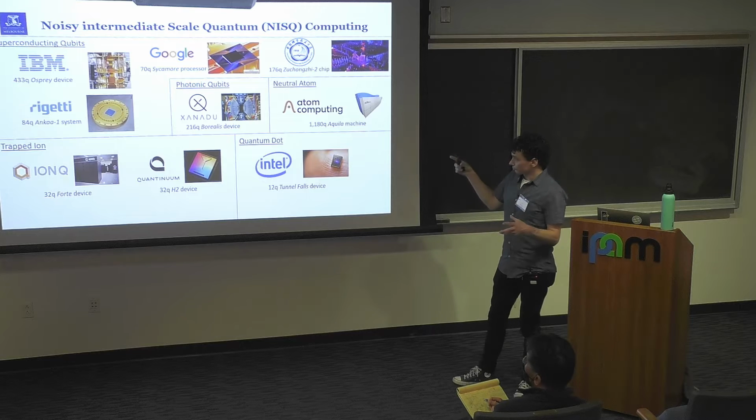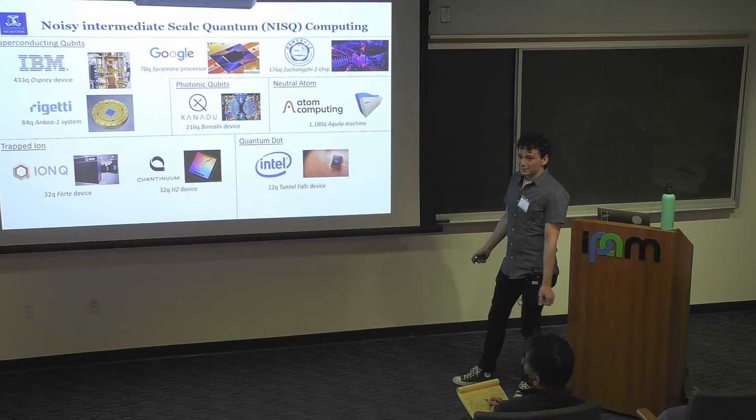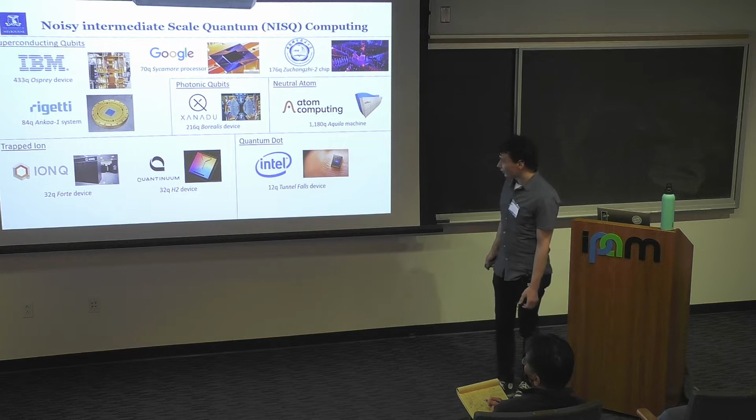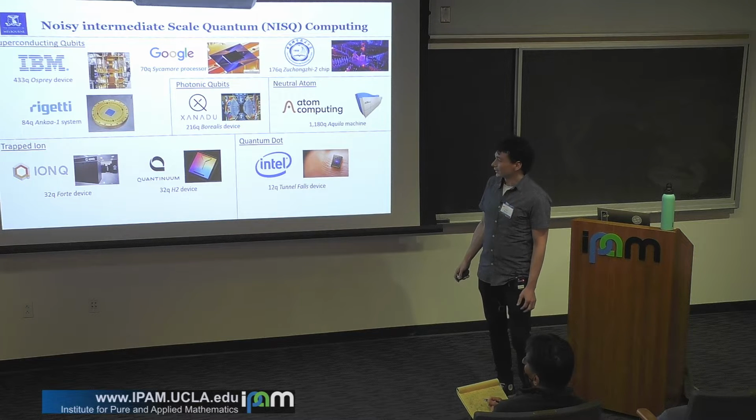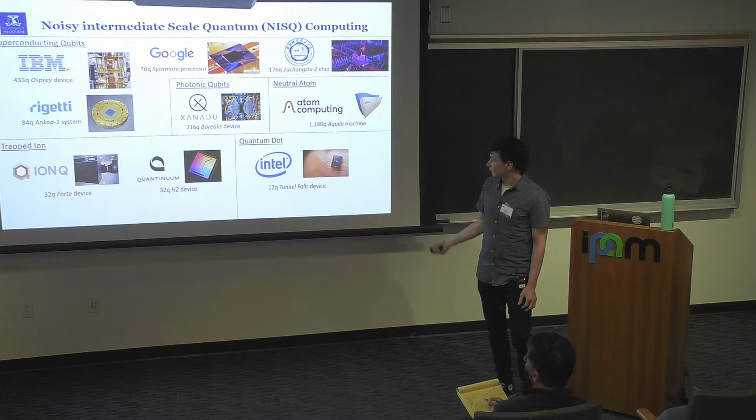Then we've got the photonic quantum computers, Xanadu, and the neutral atom. They recently announced that they've got 1,180 qubits, so that'll be interesting when they release that. And then we've got the trapped ion quantum computers, IonQ, Continuum, and Intel with the quantum dots.